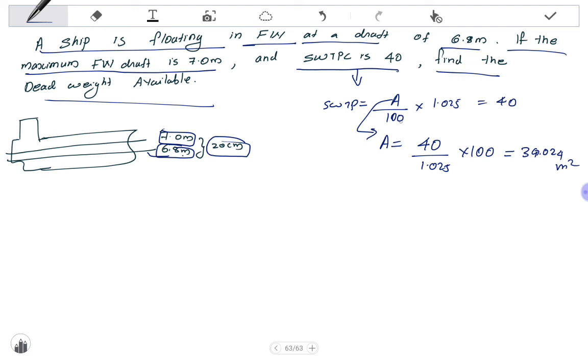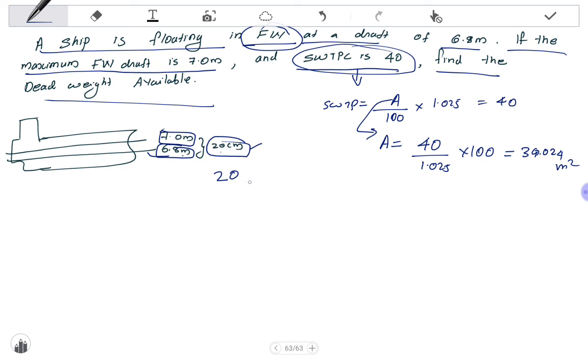They have given the TPC, so they want us to solve the question using the TPC only. Since the vessel is floating in fresh water, the remaining is 20 centimeters. So for 20 centimeters how much cargo is needed?